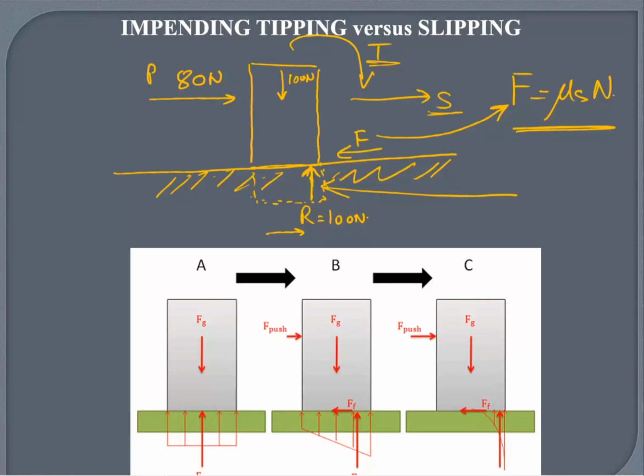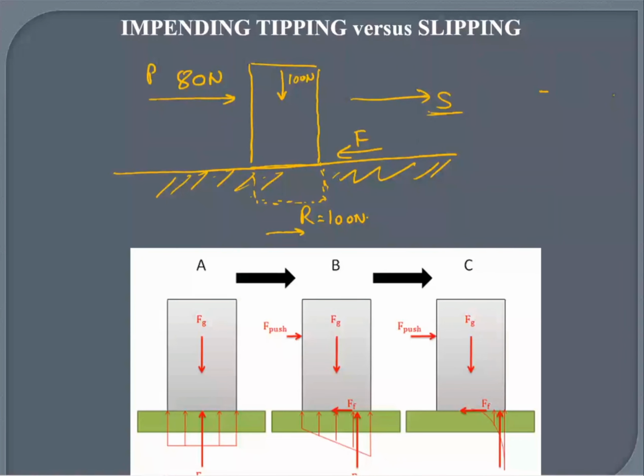Now let me take another scenario. Okay, now I start again. Now it's a different floor, okay? It was wood, now assume it's concrete. So I'm taking a force of 10 Newton, my F is 10 Newton, okay?